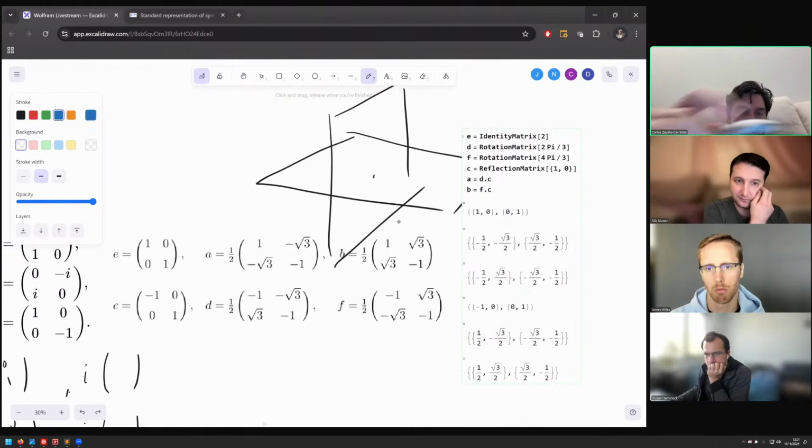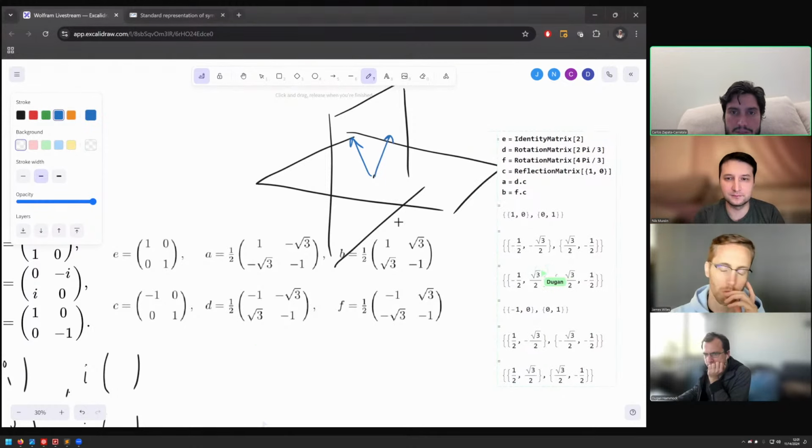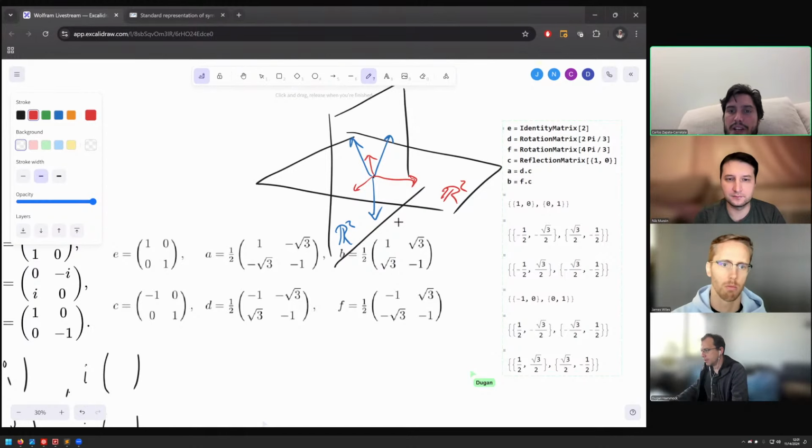You have blue over here, and this is an R2, and you have red over here, and this is an R2, and these two are orthogonal, right?